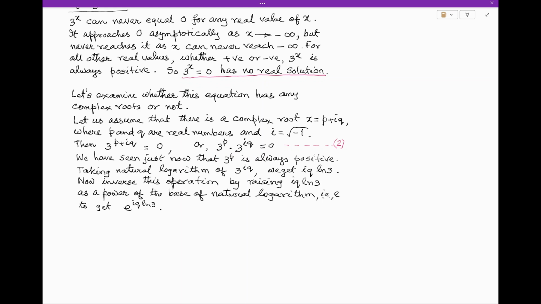We have seen just now that 3 to the power of p is always positive. Taking natural log of 3 to the power of iq, we get iq natural log of 3. Now inverse this operation by raising iq natural log of 3 as a power of the base of the natural logarithm, that is e, to get e to the power of iq natural log of 3.